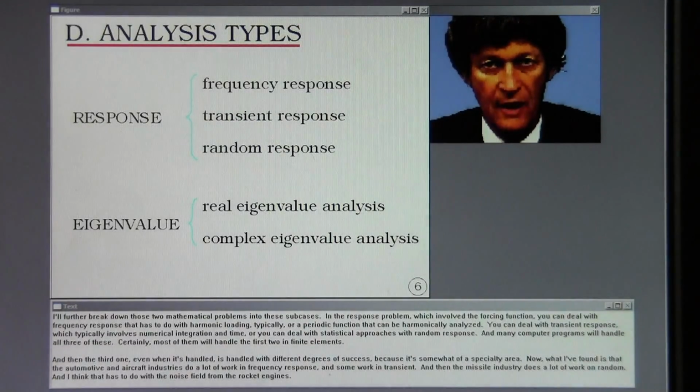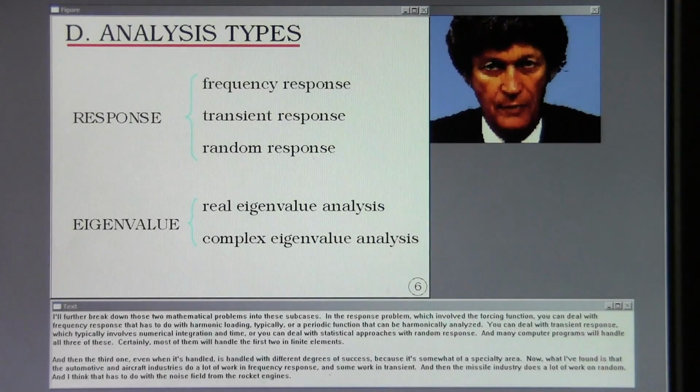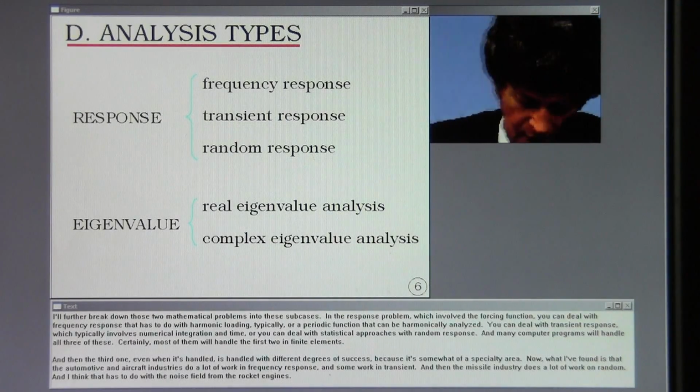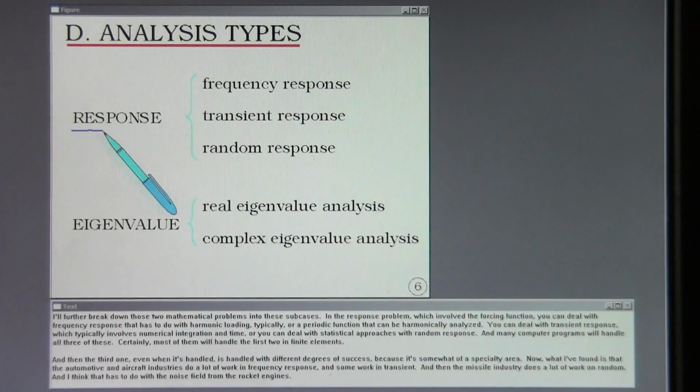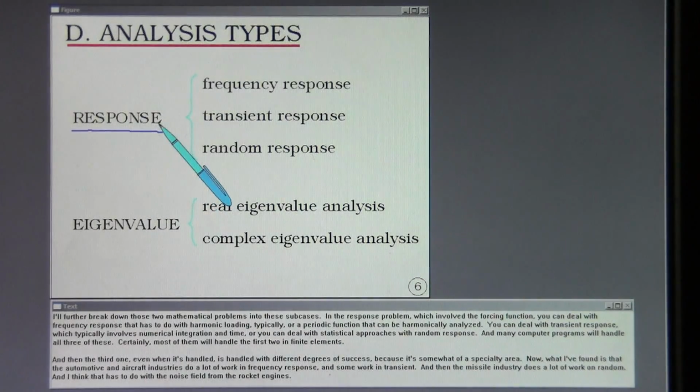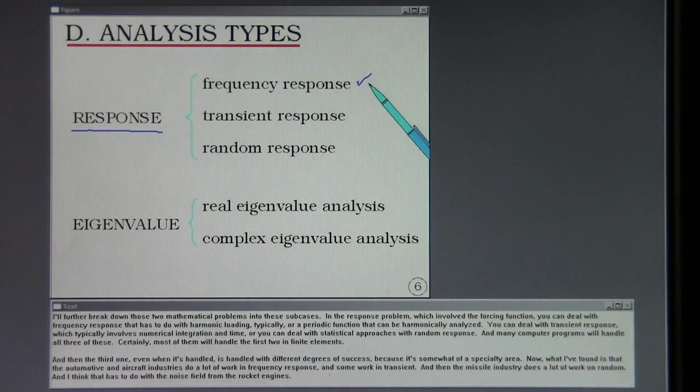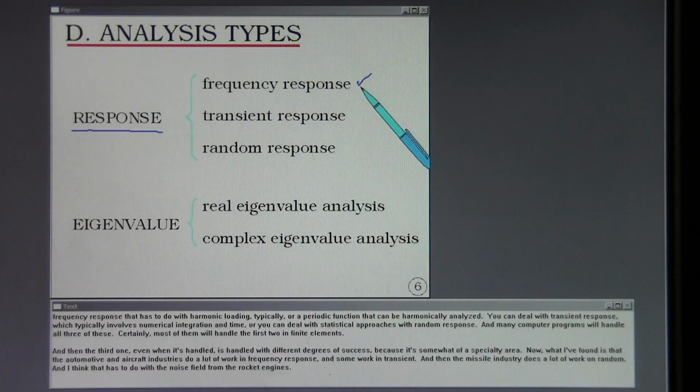I'll further break down those two mathematical problems into these subcases. In the response problem, which involves the forcing function, you can deal with frequency response. It has to do with harmonic loading typically, or a periodic function that can be harmonically analyzed.